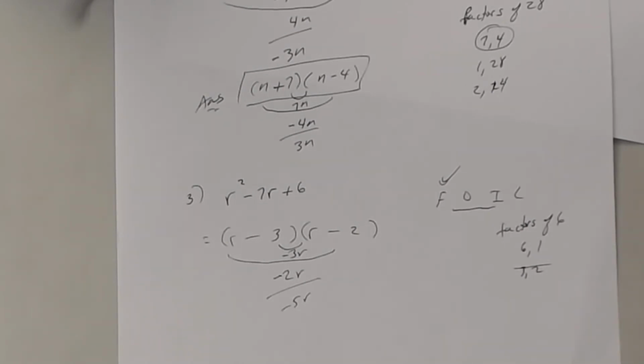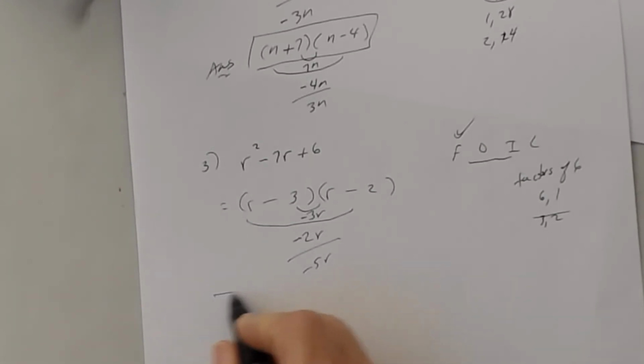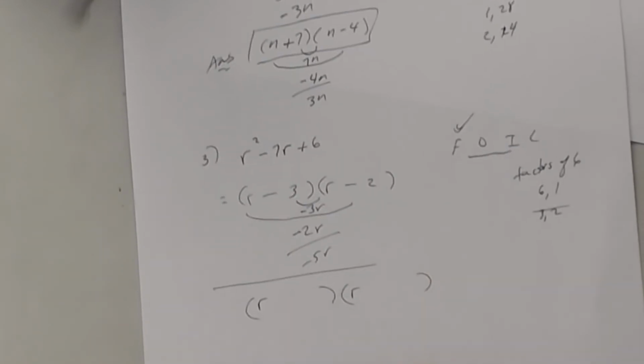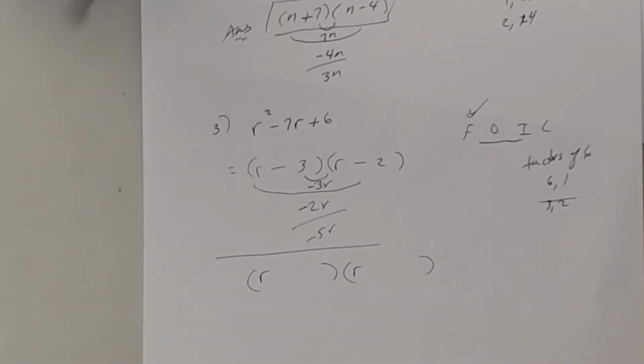So what do I try? 6, 1. So let's do this one now. So we're going to do it again. Trial and error. The more practice you do, the quicker you become. The more efficient you become. So we're going to try 6, 1. Does it matter where I put the 6 and 1?